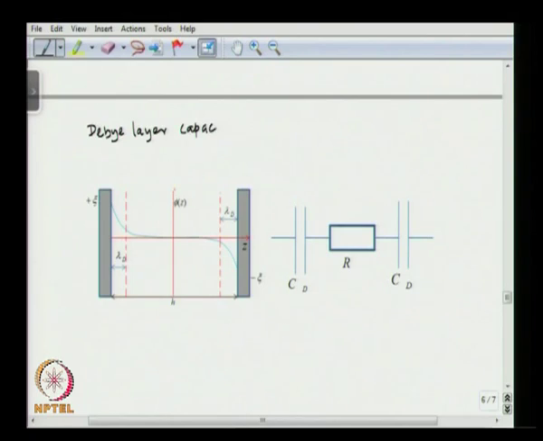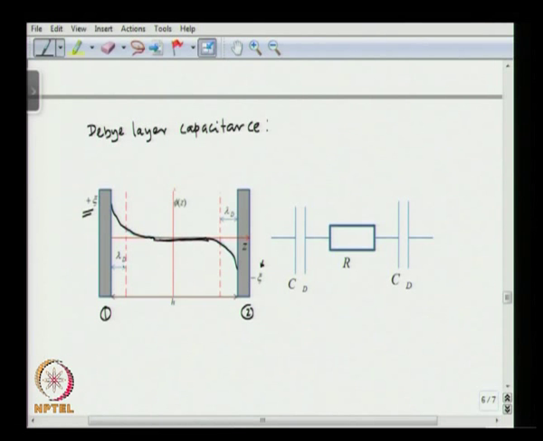You can see there are two plates, one plate has positive zeta potential and the second plate has negative zeta potential, and this line is how the potential varies from plate 1 to plate 2. Okay. So this is how the potential varies between the two walls.